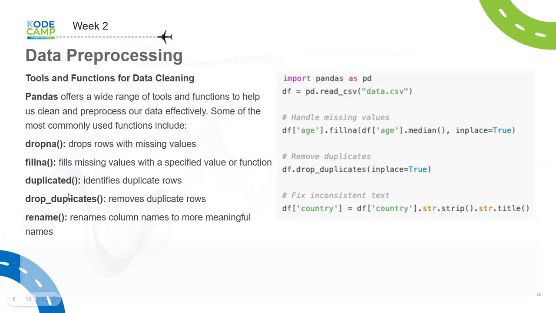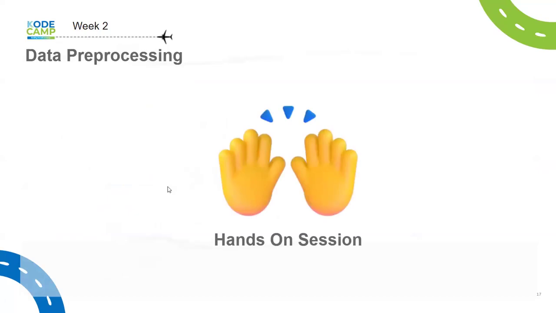And then duplicated is a function that allows you to see which rows are duplicates. And then rename allows you to rename columns so that they can be more meaningful. So these are some of the things you can do with pandas.